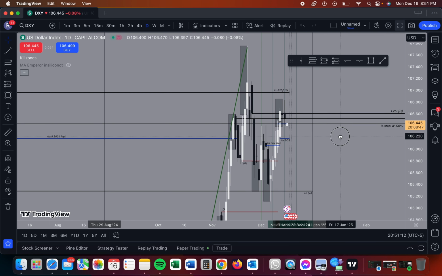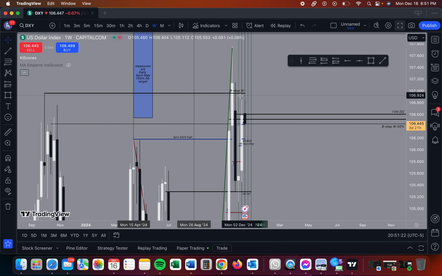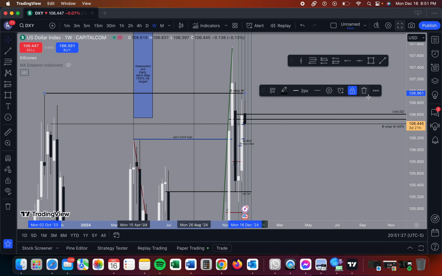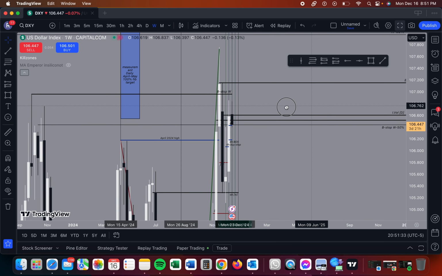So it depends how the price reacts, because this one is a very strong key level, which is the weekly. So maybe it will just touch higher, just a bit higher of it, and then it will go down.